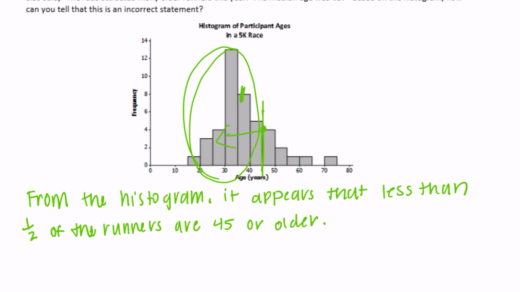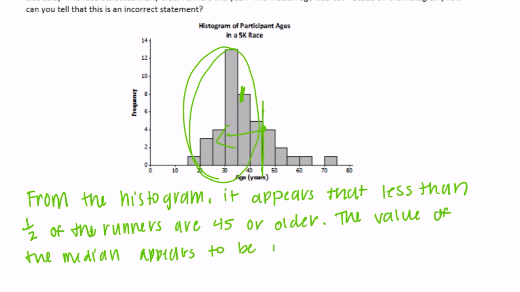So I think the value of the median appears to be in the 35 to 40 age range or age interval. So I think it's somewhere like in this one right here, between 35 and 40, not all the way up there at 45.